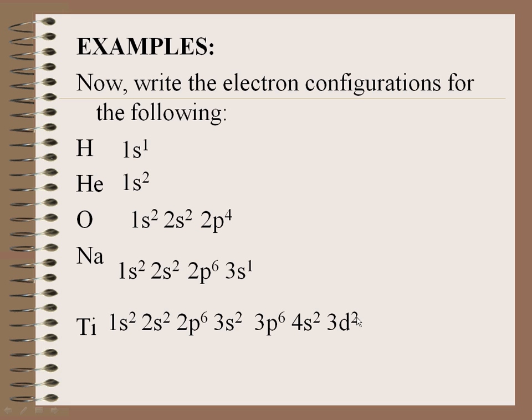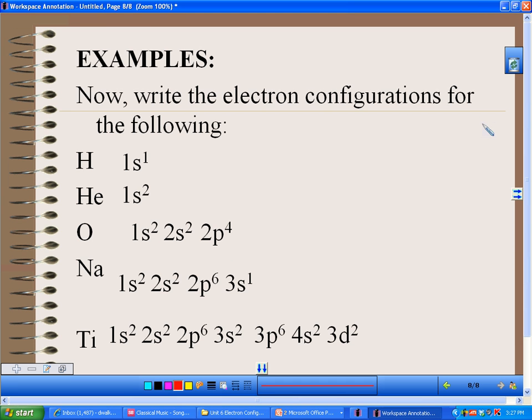What's the number of titanium on the periodic table? 22. So I know I have 22 electrons, and I believe that they are placed correctly using those arrows to help me place them. So let me show you what I'm talking about there. If I make my arrow configuration, 1s, 2s, 3s, 4s, 5s, 6s, and 7s, and then I do my p's, 2p, 3p, 4p, 5p, 6p, and 7p.